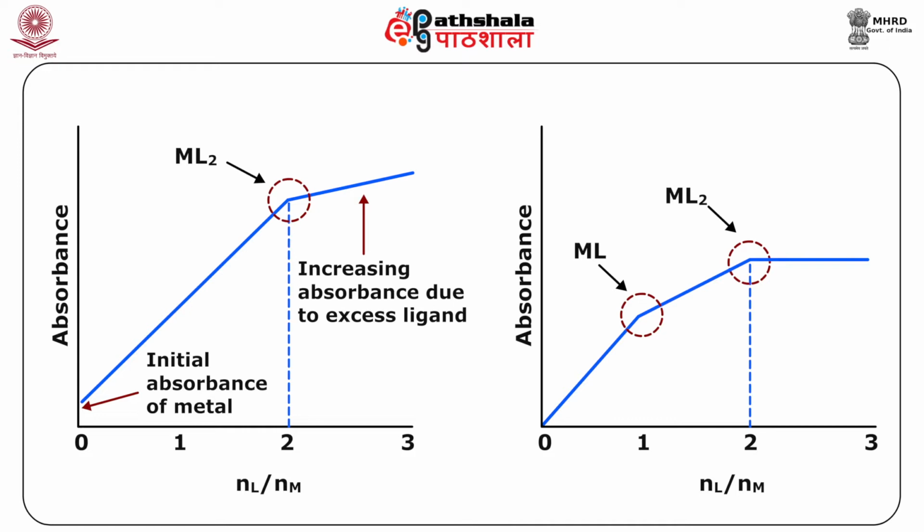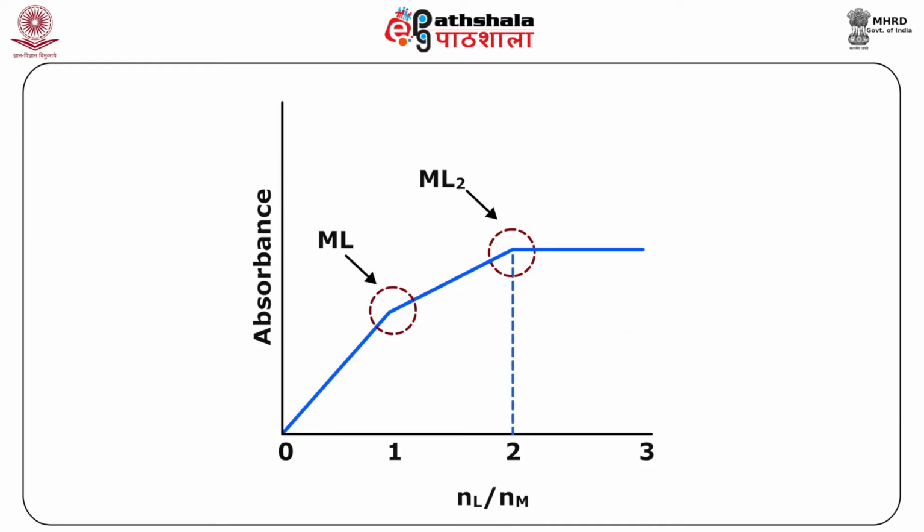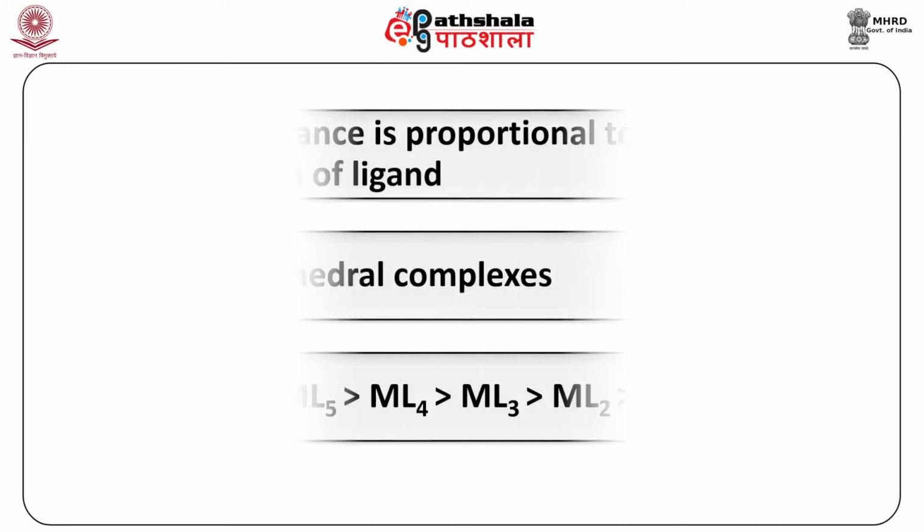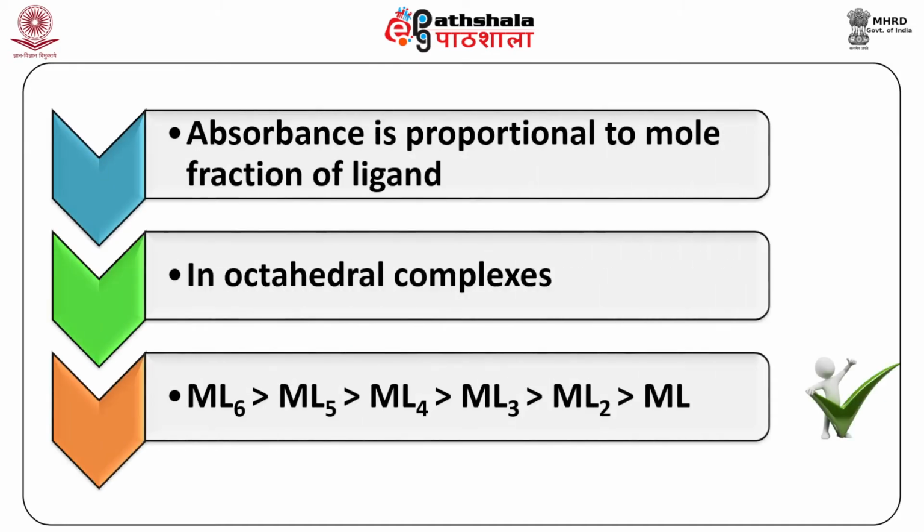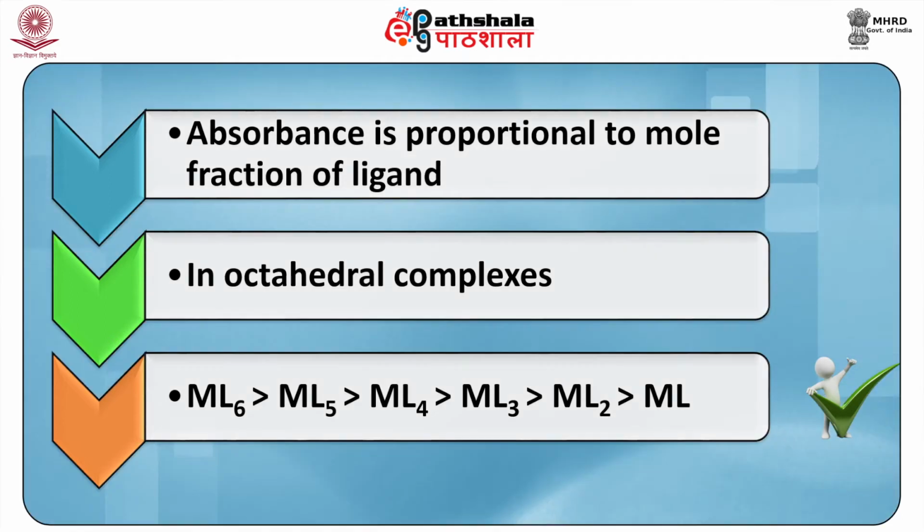It is quite clear from figure 2b that the absorbance of the complex continuously increases with increasing the ligand units. The absorbance is proportional to the mole fraction of ligand.